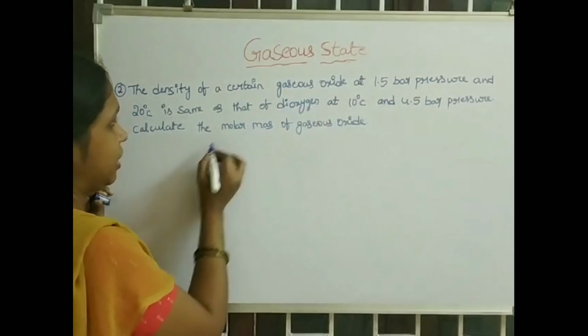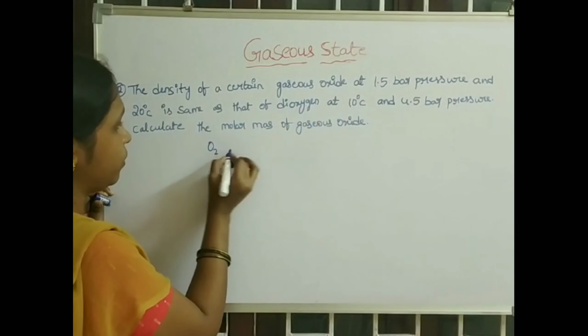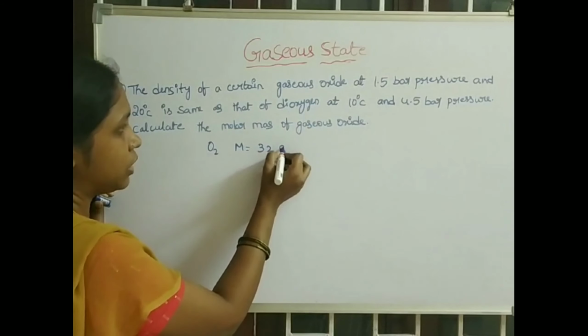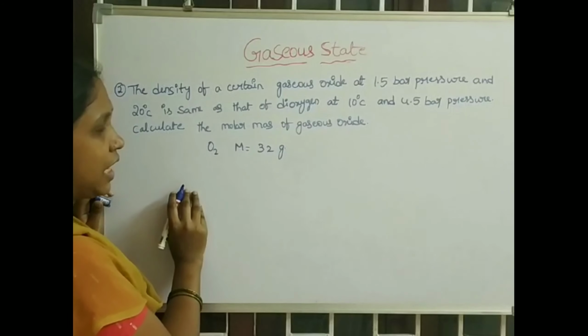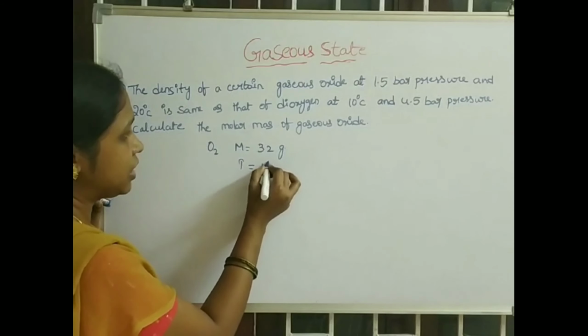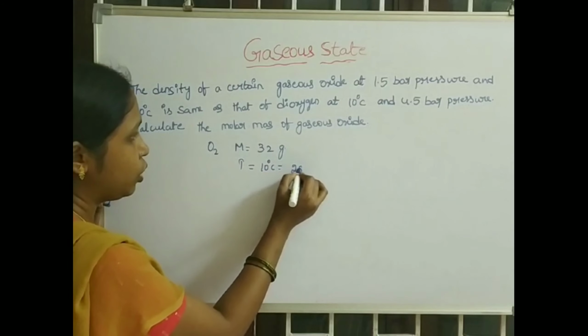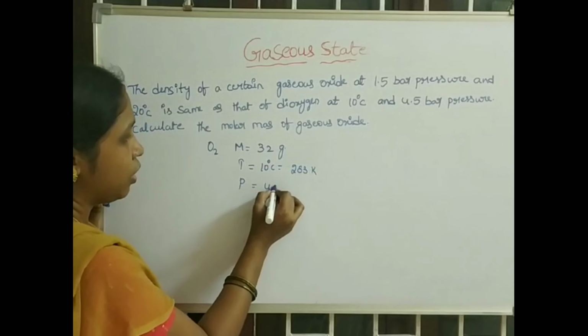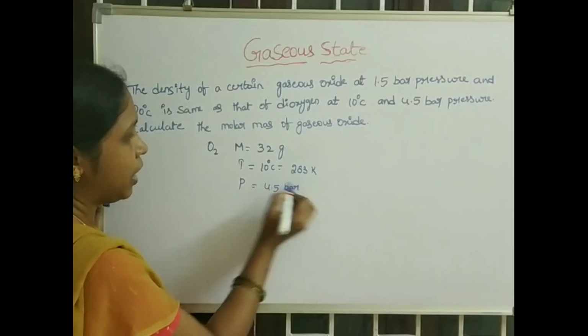See here, dioxygen means O2. It has a molecular weight of 32 grams. It has a density at temperature T of 10 degrees Celsius, which in Kelvin is 283 Kelvin, and the pressure is 4.5 bar.